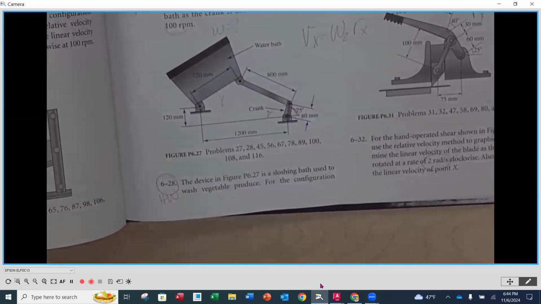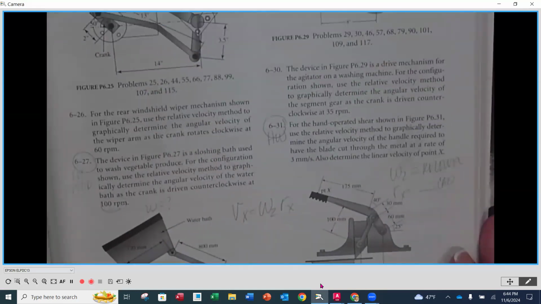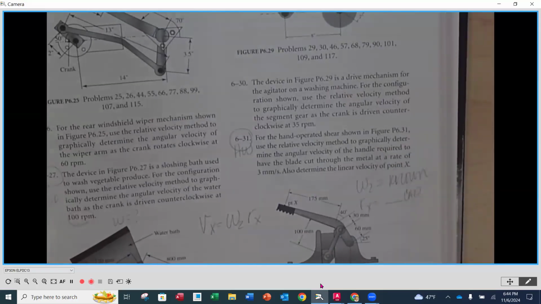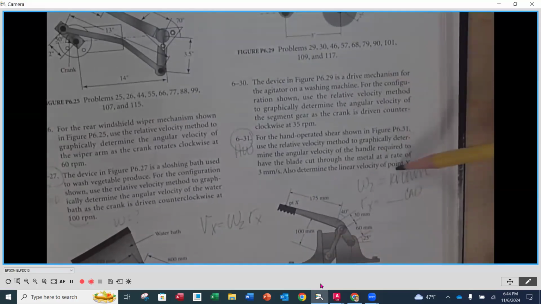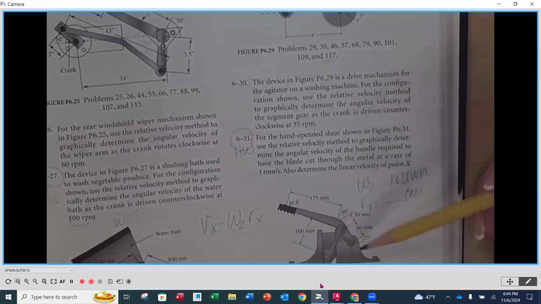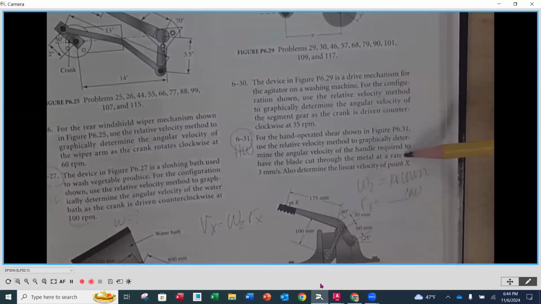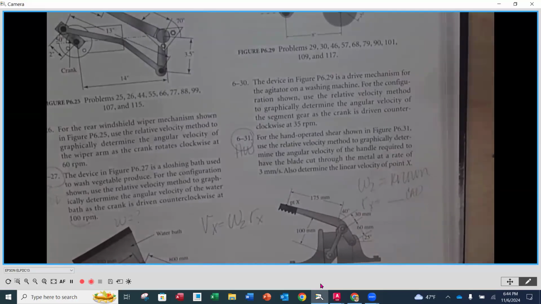And then our last one is 631 for the hand-operated shear here, right down here. Use the relative velocity method to graphically determine the angular velocity of the handle.